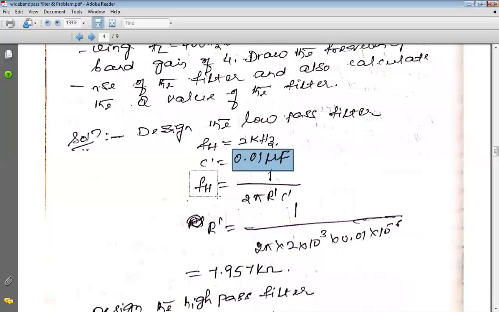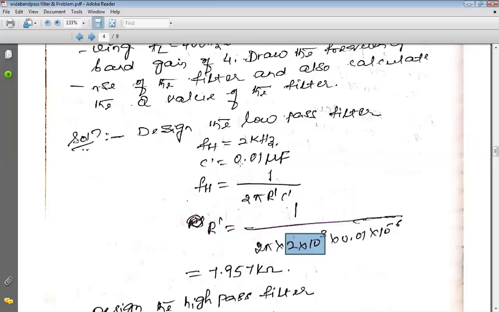As we know, FH is equal to 1 by 2 pi R dash C dash. Therefore, R dash is equal to 1 by 2 pi FH C dash.